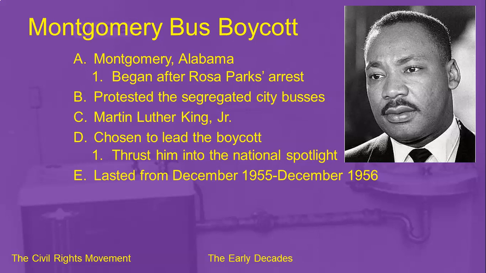The boycott lasted just about a year, from December of 1955, after Rosa Parks' arrest, until December of 1956, when the city finally desegregated the buses. And so this is a huge thing, as the civil rights movement, through this peaceful protest, was able to bring an end to segregation on the buses.